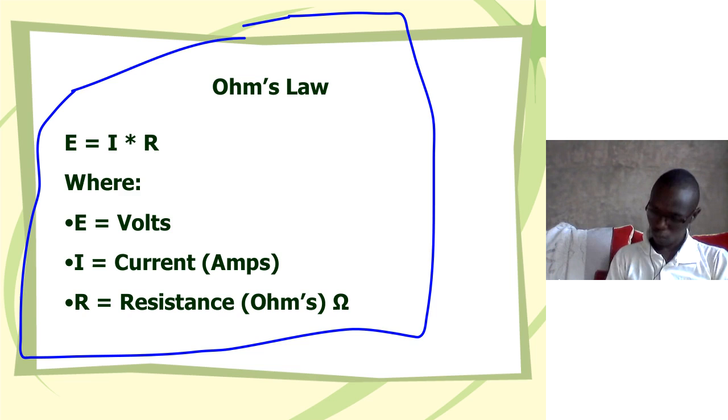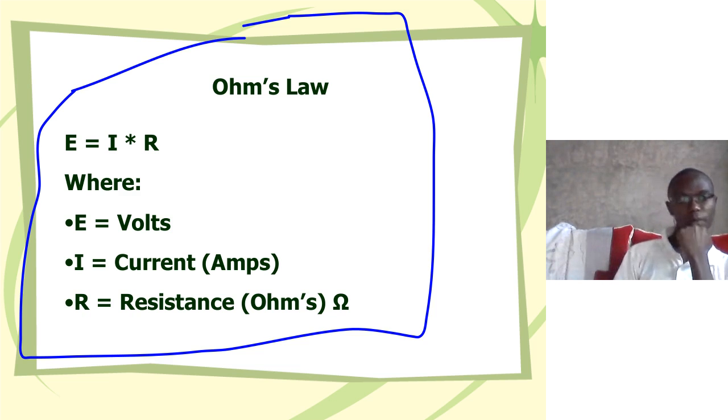I just brought that concept up to bring both of us to the same table, so that when we say resistance is equal to V over I, we all know what V and I are all about.